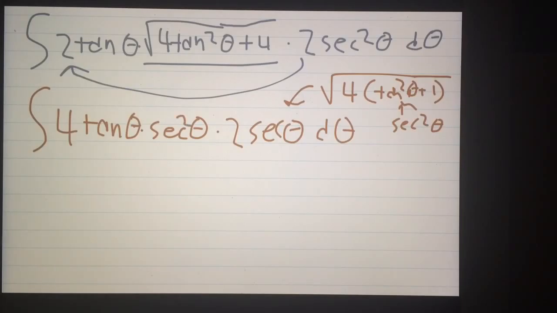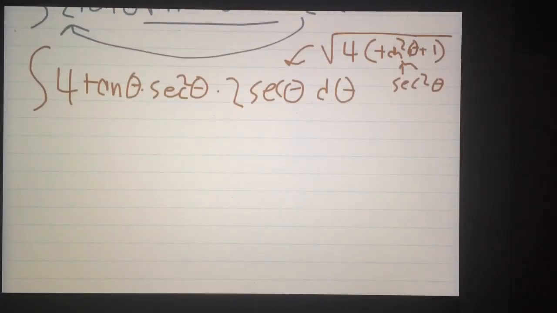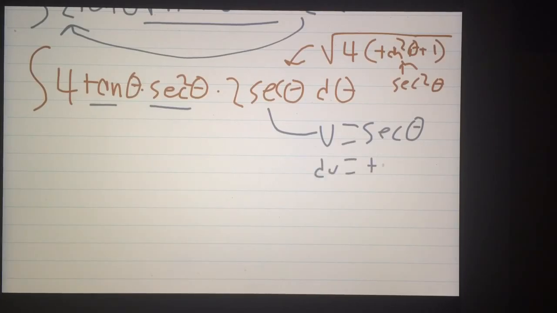It's not really. Now we have to use one of our old friends, u substitution. I'm going to use gray for u substitution because I don't like it. Looking at this, we can see that, well, the derivative of secant is tan secant. So let's just assume that u equals secant theta, du equals tan theta secant theta d theta.